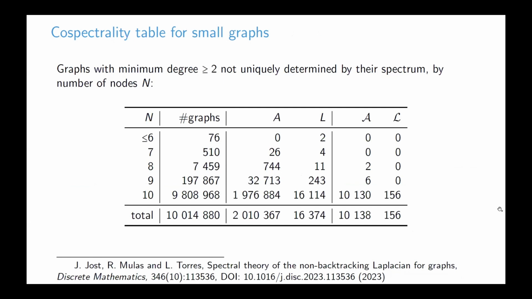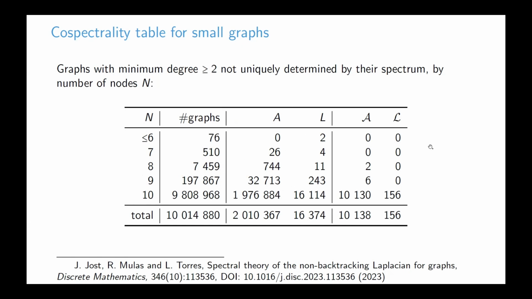Okay, and the last thing I want to mention about the non-backtracking Laplacian is this cospectrality table for small graphs, which was made by Leo, my collaborator. So this represents the graphs with minimum degree at least 2, which are not uniquely determined by their spectrum by number of nodes. So here we have the number of nodes of the graphs up to 10. Here we have the number of graphs with that given number of nodes.